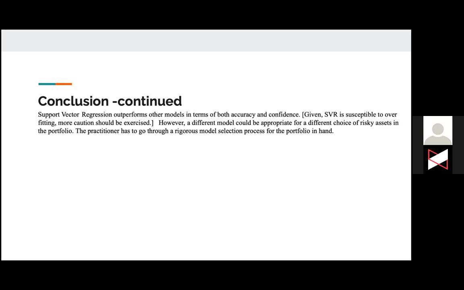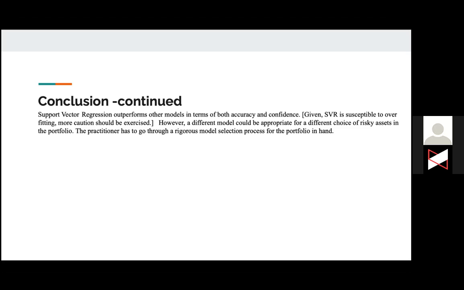And to finish off the conclusion, the traditional forecasting methods tested altogether lead us to the fact that support vector regression outperformed all the other models in terms of both accuracy and confidence. It is worth knowing that the SVR is more susceptible to overfitting, which was one of the criteria used to determine which model was the best for the forecasting.